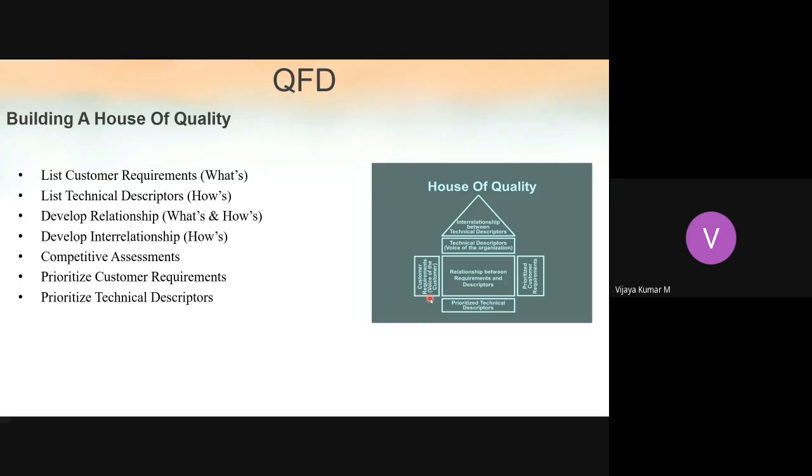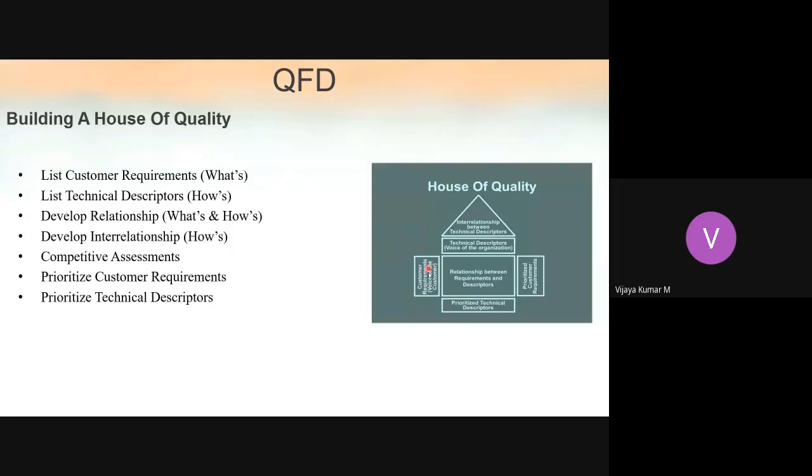That segregation you have to do in detail. The customer requirement could be a bicycle, a mobile phone, or something like a laptop. It depends upon the customer.